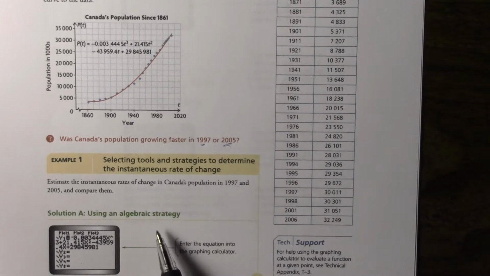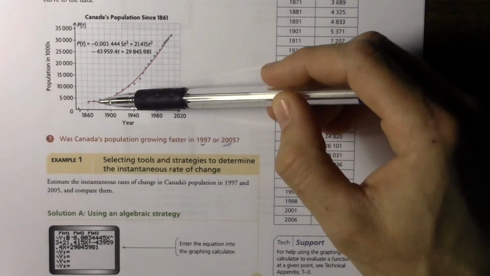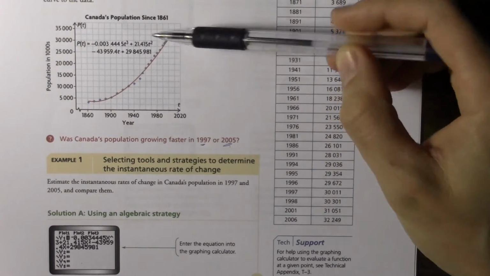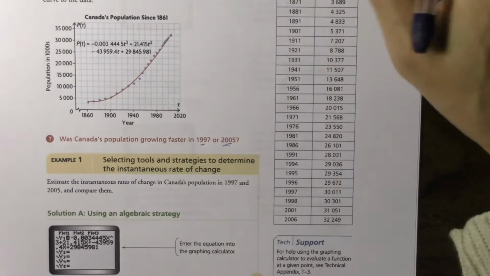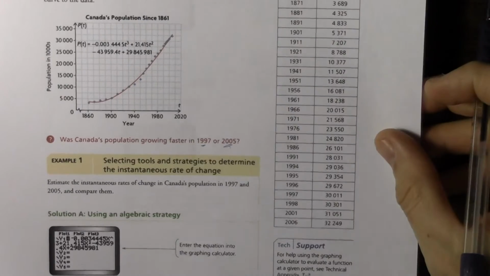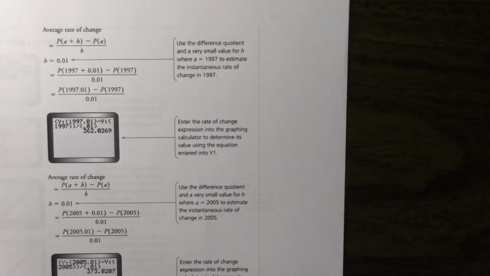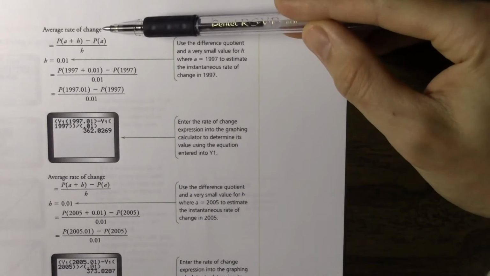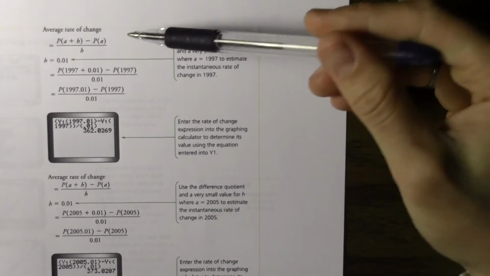Any questions so far? All we've done is take a table of values, create a scatter plot, draw a curve of best fit, and now we're trying to determine which has a faster growth rate, or instantaneous rate of change, in 1997 or 2005. So we use our formula for average rate of change.